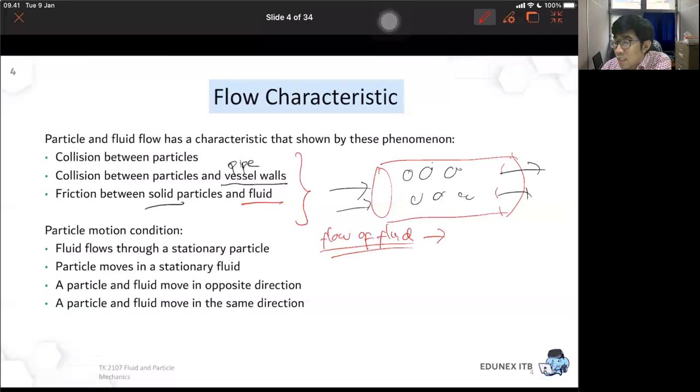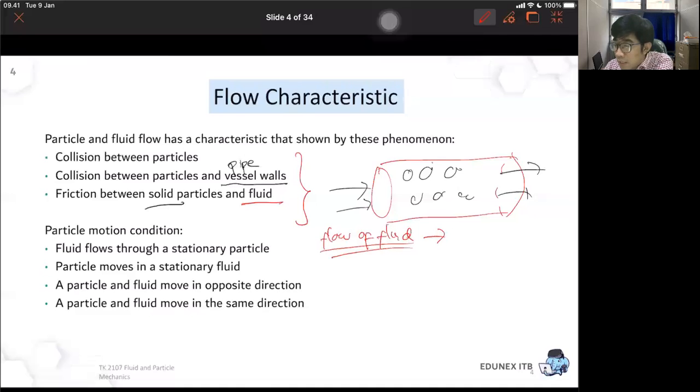So the effect of the solid particles on the gas flow or the liquid flow is making the flow not as continuous as without particles. And some conditions can also happen when you have solid in the pipe.